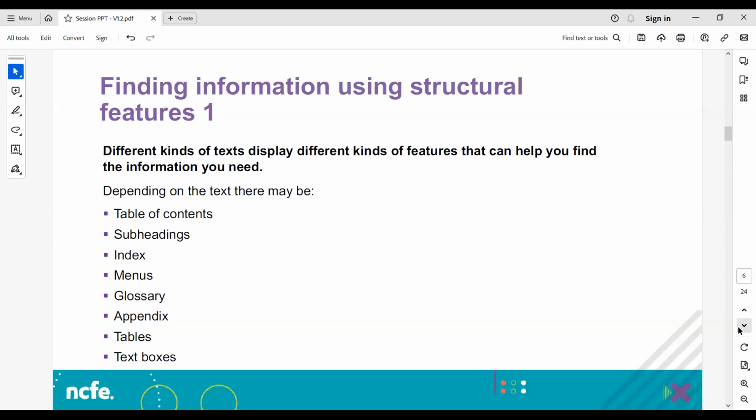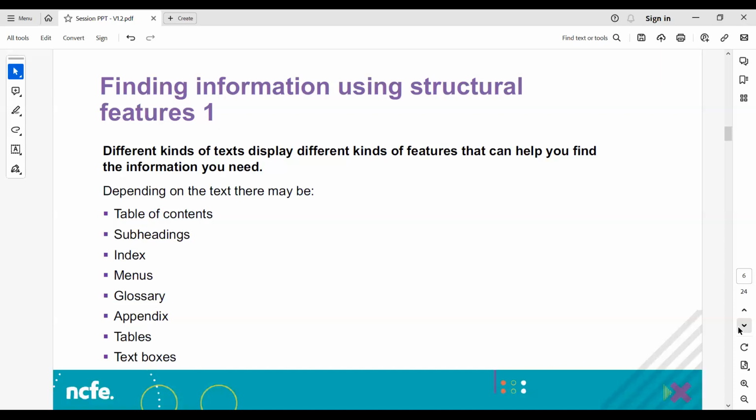And the different types of texts have different features, and you can use those to help you find the information that you need to answer the questions. So there's a list here of the features that you might see in different text types, such as a table of contents, subheadings, an index, menus, glossary, an appendix, tables, and text boxes.